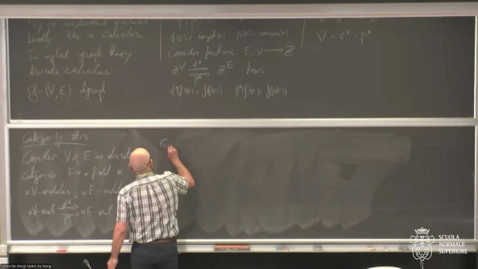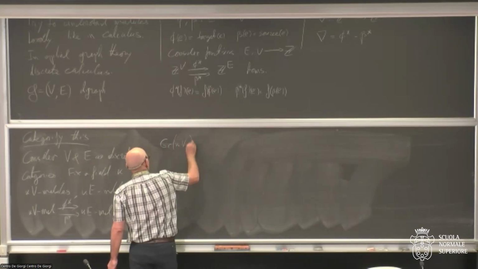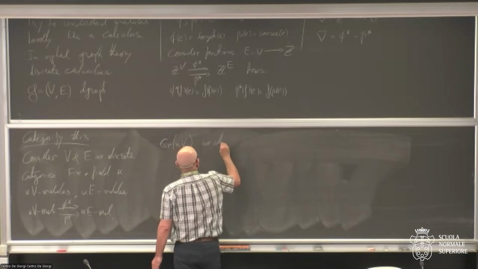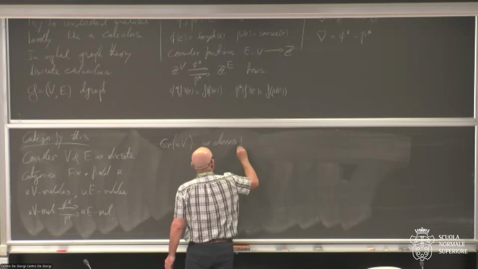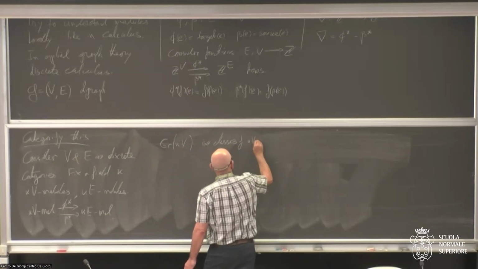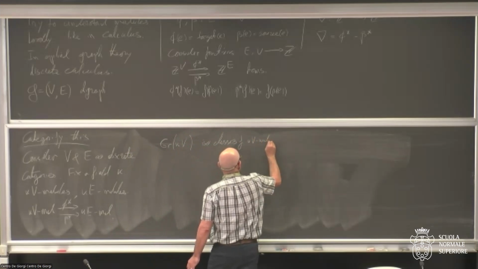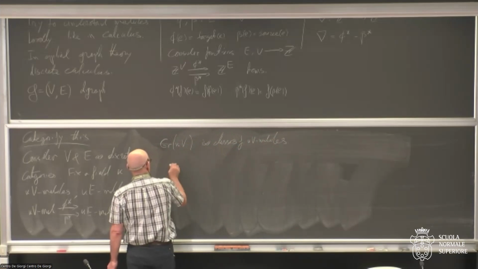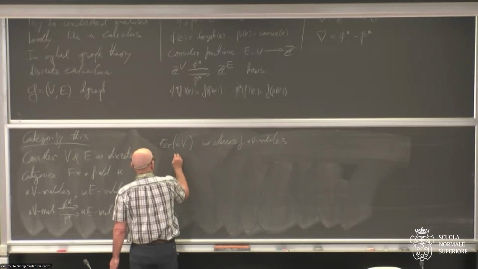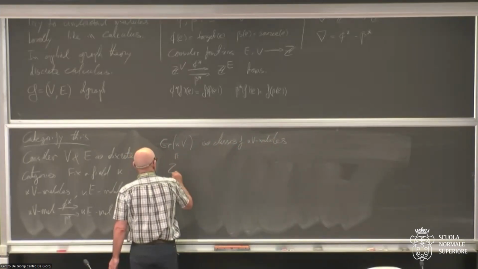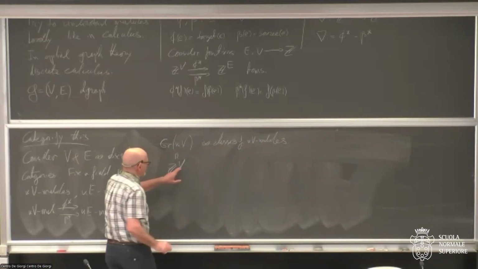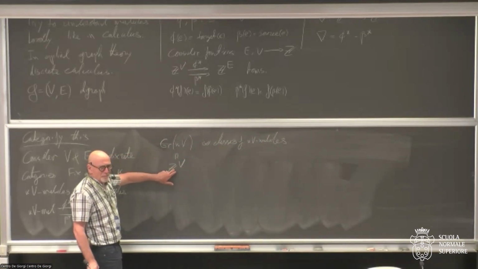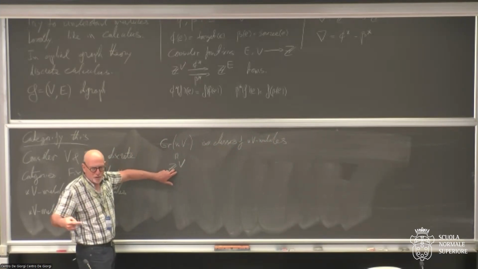So the Grothendieck group of KV is the isoclasses of KV modules. But all that is really is isomorphic to Z to the V, because for every vertex in V, I associate some number, that's a vector space of that dimension.